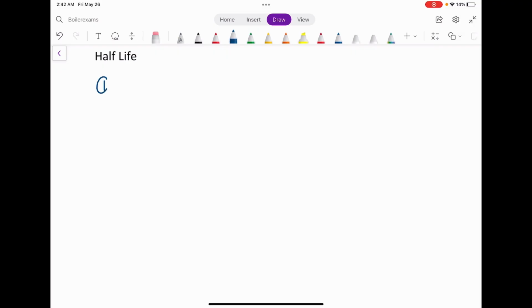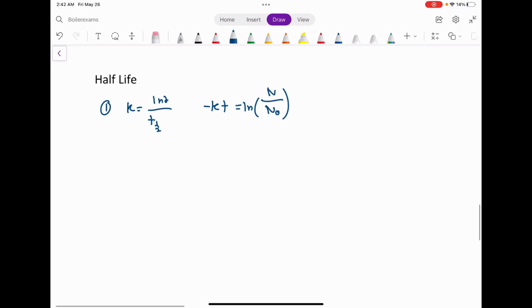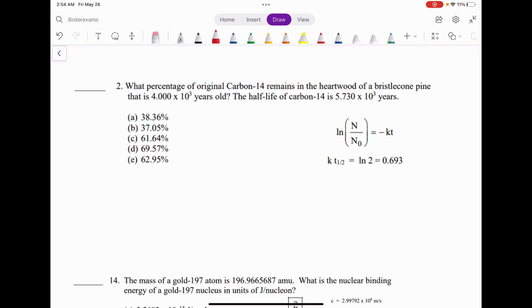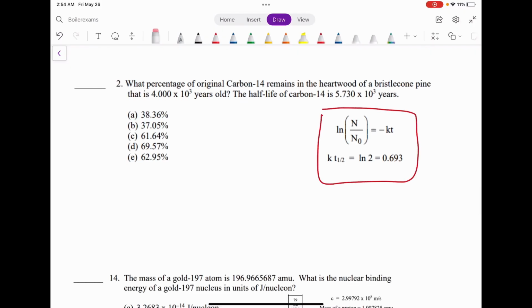The first one being the reaction rate equals the natural log of 2 over whatever the specified half-life is, and the second is negative reaction rate times T equals the natural log of our final amount divided by our initial amount. You can use these two equations to pretty much solve for anything.